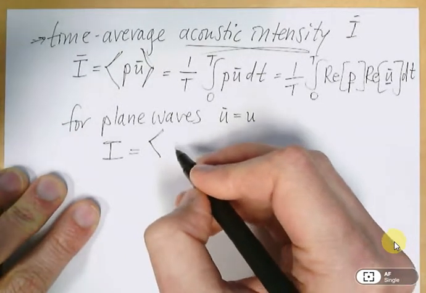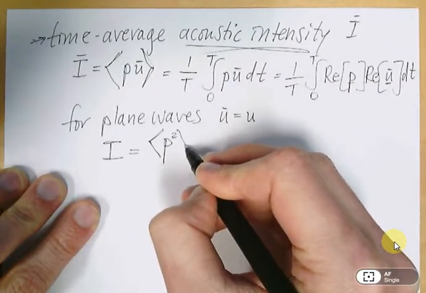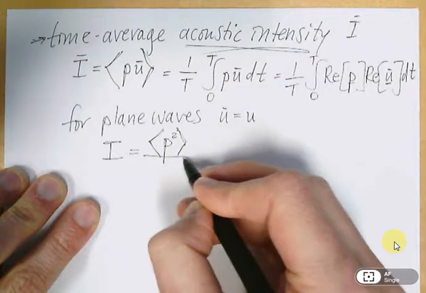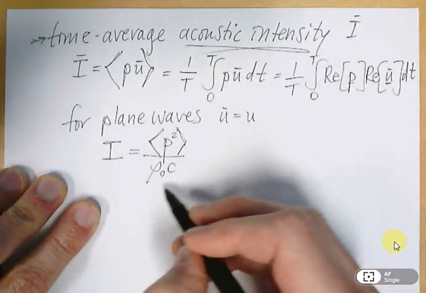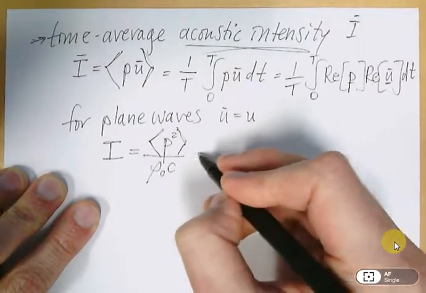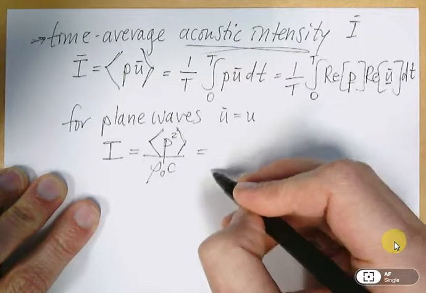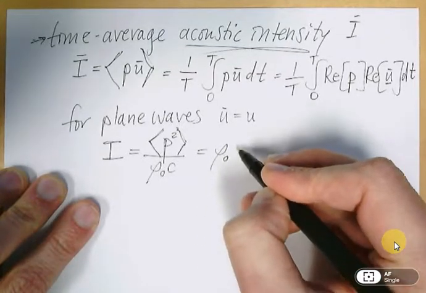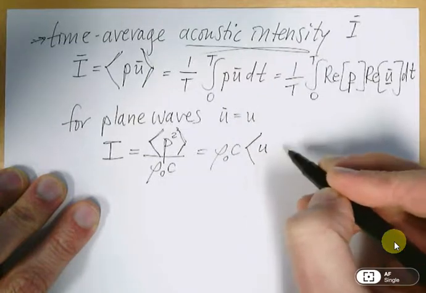So by substitution, you find that we have the mean square of the acoustic pressure divided by the specific acoustic impedance, rho naught c. Or doing a different substitution, we'd find that it's the product of the specific acoustic impedance and the mean square of the particle velocity.